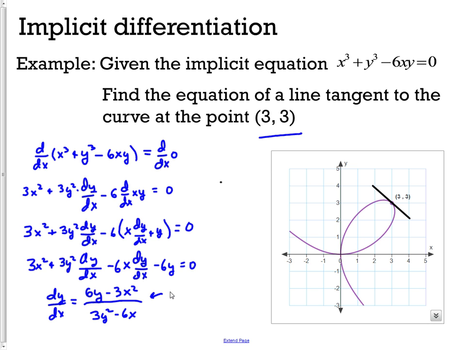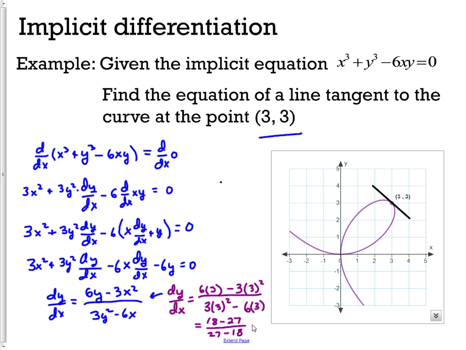So at (3, 3), the derivative of y with respect to x in this equation is going to be 6 times 3 minus 3 times 3 squared, divided by 3 times 3 squared minus 6 times 3.